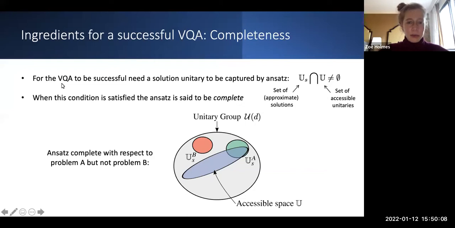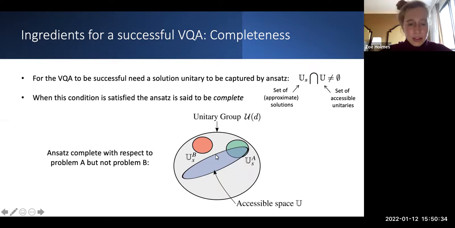For a variational quantum algorithm, what we need is that a solution unitary will be contained within that set of accessible unitaries. So we need the solution unitary to be captured by the ansatz. We need the intersection of the set of approximate solutions and the set of accessible unitaries to be non-empty. When this condition is satisfied, the ansatz is said to be complete.